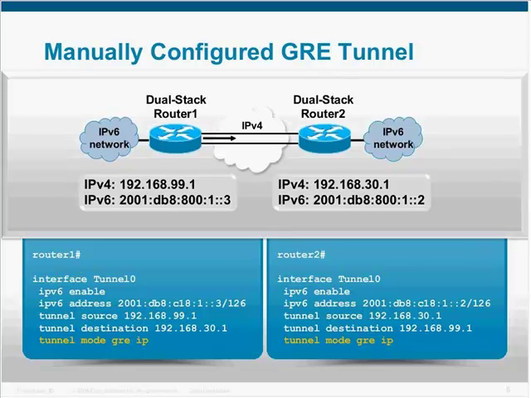And the mode obviously would be set to GRE IP, and the keyword IP in here is actually to differentiate between GRE over IPv4 or GRE over IPv6, which is also possible.